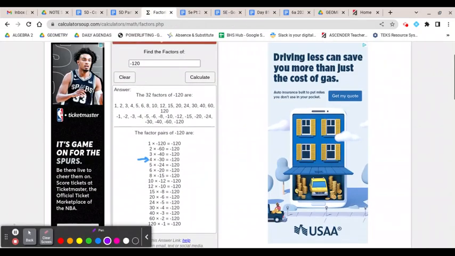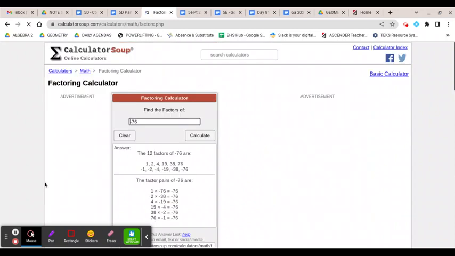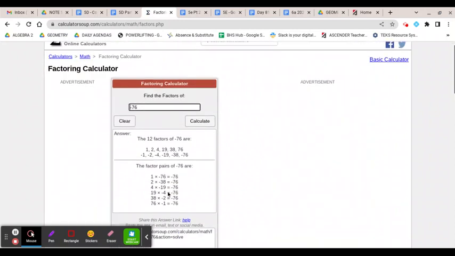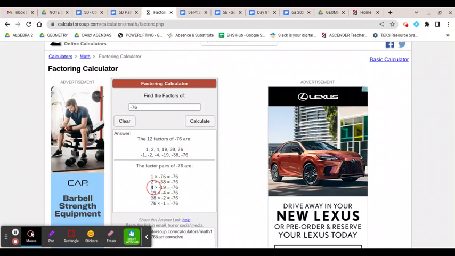So we go to our calculator here and we have negative 76. Okay. And let's look at all of our perfect square numbers that go into it. So you get 1, 2, 4, 19, 38, or 76. Well, the only perfect square that goes into negative 76 is 4.